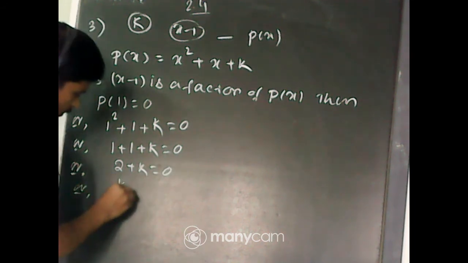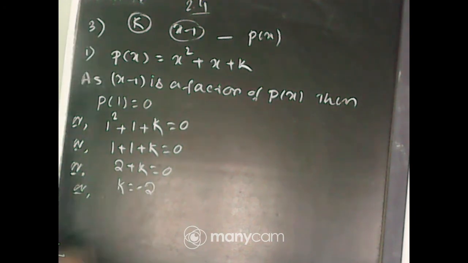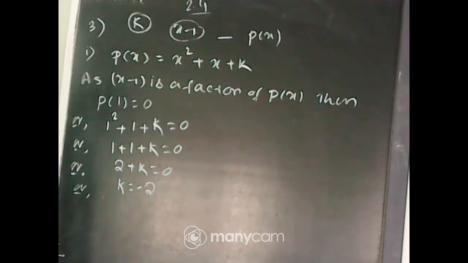That implies k is equal to minus 2. That means the value of k is minus 2, for which x minus 1 is a factor of the polynomial p of x. Solved. Value of k is now known.